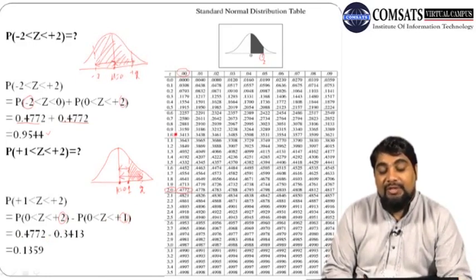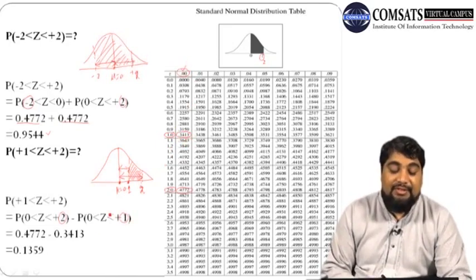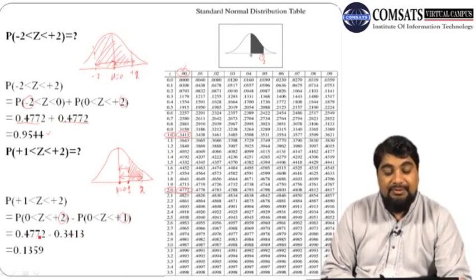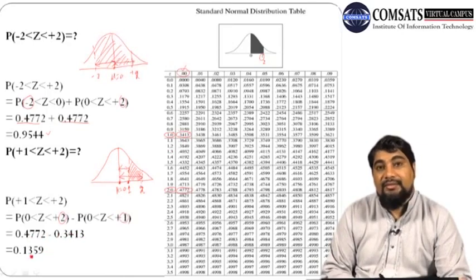So here we have 1.0, and since there is no number in the decimal point, we need to use this 0.00, so it is 0.3413. So just subtract 0.3413 from 0.4772, we get 0.1359 or 13.59%.